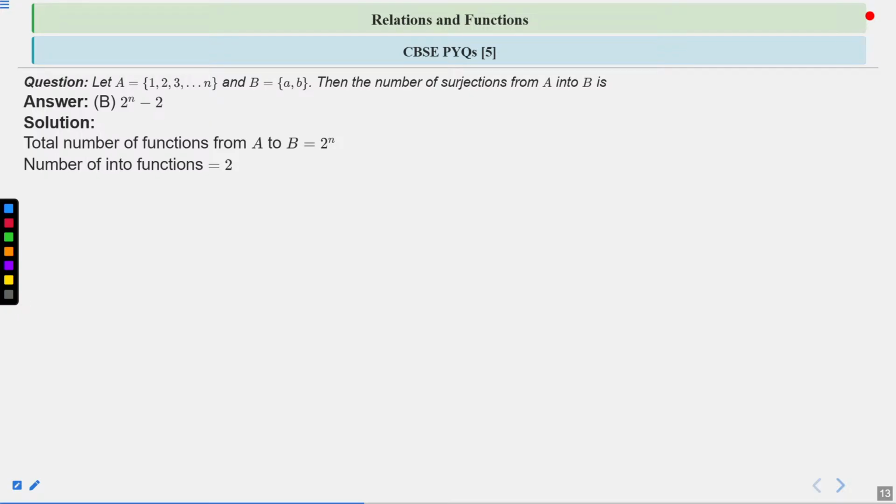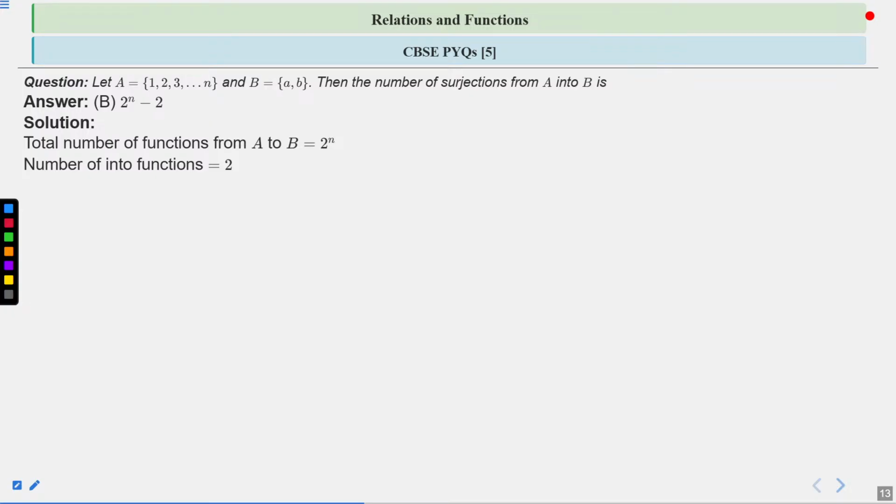Now we basically have to find the number of onto functions. From the total functions, each is either onto or into.